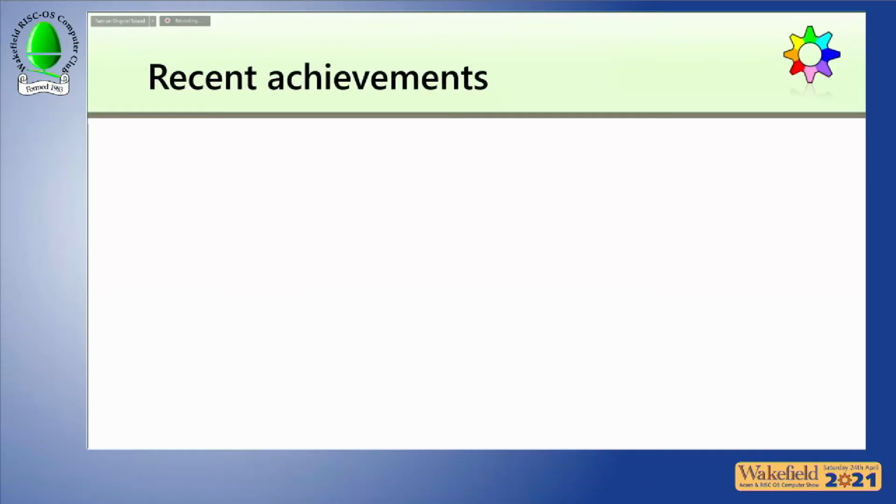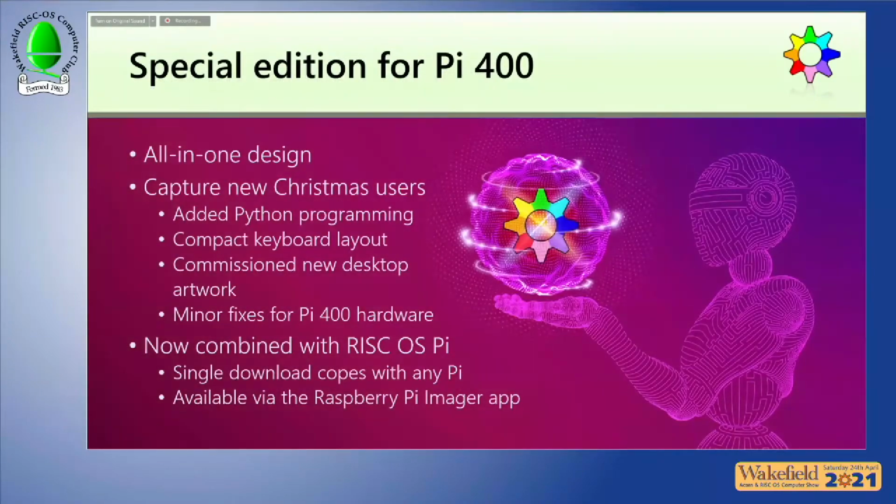So looking at what has happened recently, just before Christmas, we launched a custom build of RISC OS specifically for the Pi 400, which was a bit of a surprise release, I believe. So it was an all-in-one Raspberry Pi built into a keyboard, like people from the past, from the Acorn Electron days and beyond. I'm sure we all remember these.